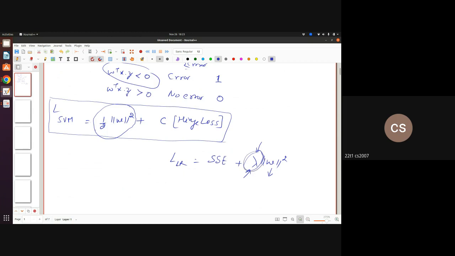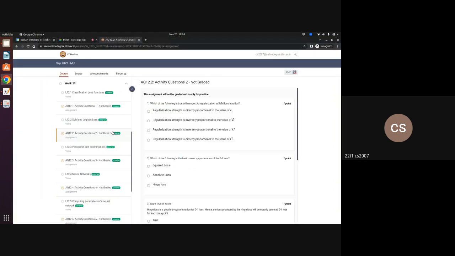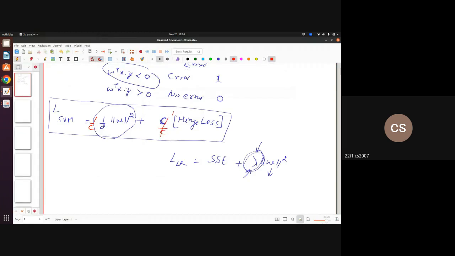Now here, this is the scenario. The C term is not here, but over here. Let's say I divide this by C. So it will be something like this. This will become 1 and this will become 1 by C. Now, if you see the relation between regularization strength and C, when C is increased, what happens?